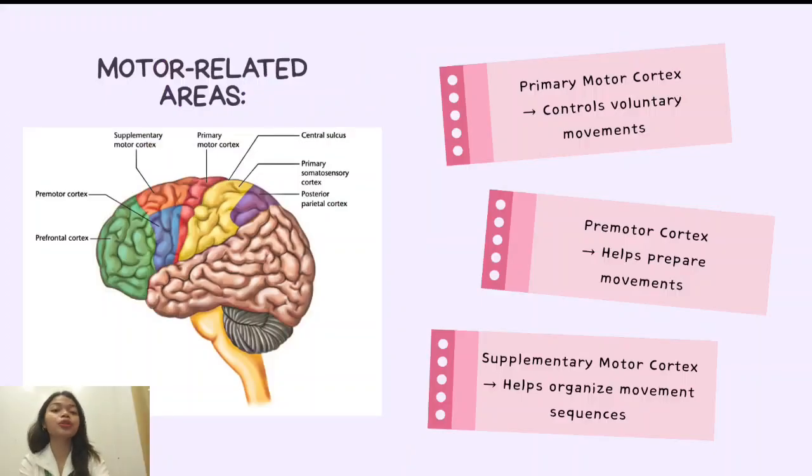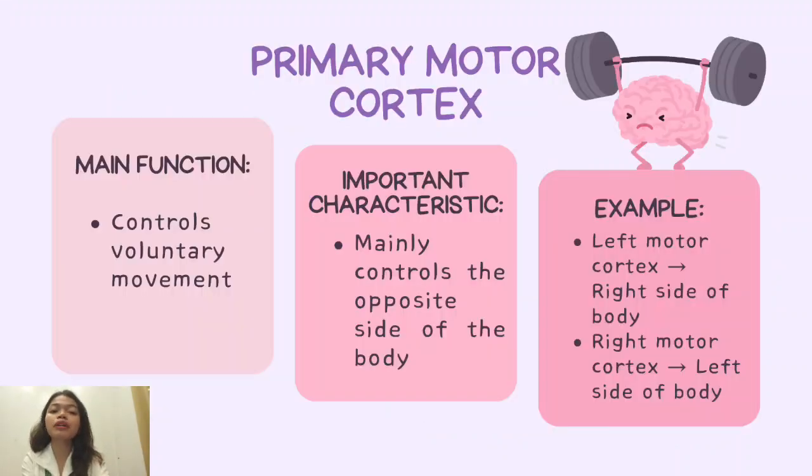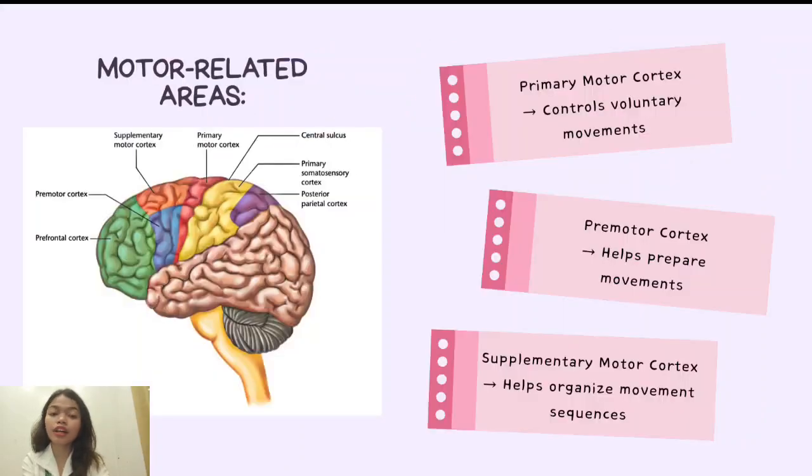Now let's look at the motor-related areas of the cerebral cortex. One important area is the primary motor cortex. It is mainly responsible for controlling voluntary movements by sending signals to skeletal muscles. Another area is the premotor cortex, which helps plan and organize movements, especially movements that are guided by sensory information.